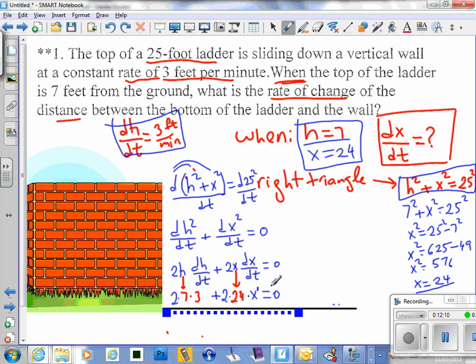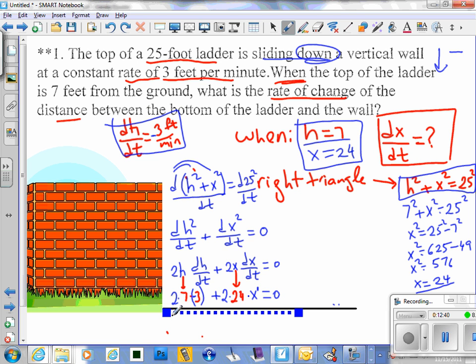One thing we have forgotten. This 25-foot ladder is sliding down. Movement downward needs to be shown by a negative number, so we have to use a negative sign here. So this is going to be negative 3. Nobody is telling this to me. So negative 3, don't forget that.